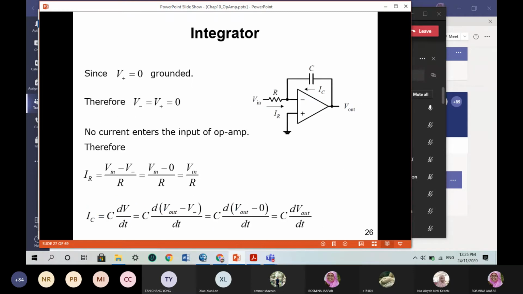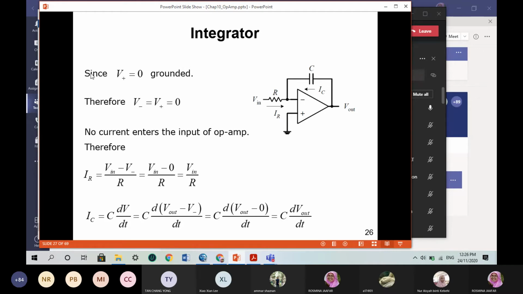The op-amp can also be made as an integrator, where you include one capacitor in the feedback region, and you will make the behavior at the output like an integrator.